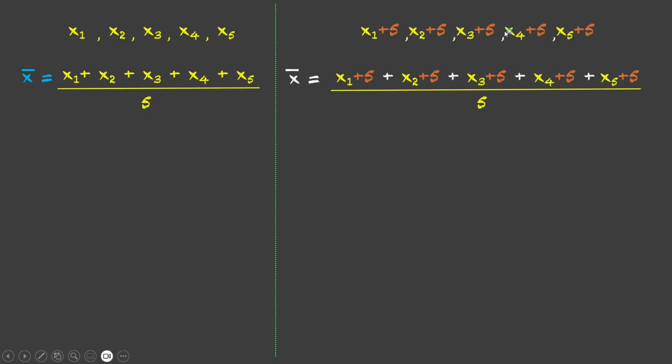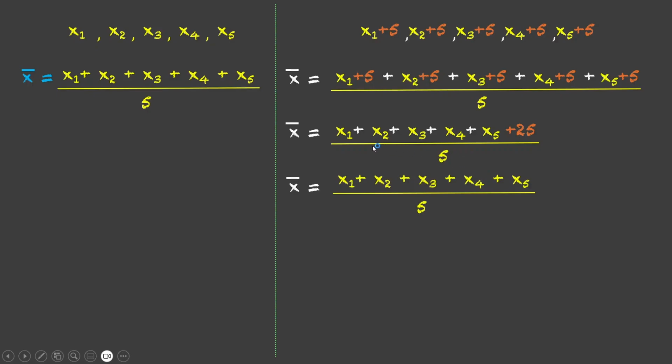The total number of observations is still 5. This would be x1 plus x2 plus x3 plus x4 plus x5 plus 5, 10, 15, 20, 25. We can write it as x1 plus x2 plus x3 plus x4 plus x5 divided by 5, plus 25 divided by 5. And this is nothing but the original mean. So the new mean is the original mean plus 25 divided by 5, which is 5.